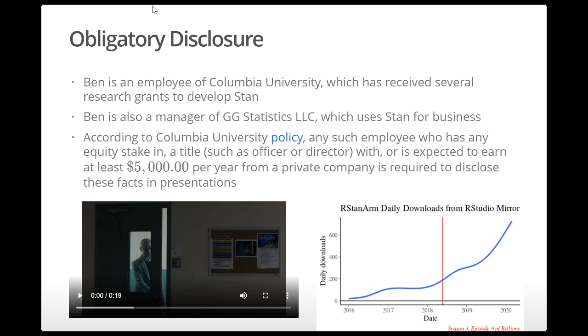It uses Stan, not so much RStanArm, but Stan in general. Outside of Columbia, that creates the appearance of a conflict of interest. You can also see that downloads of RStanArm have been pretty rapid, probably almost 800 per day these days. That fact was not mentioned in Billions, but Stan was.